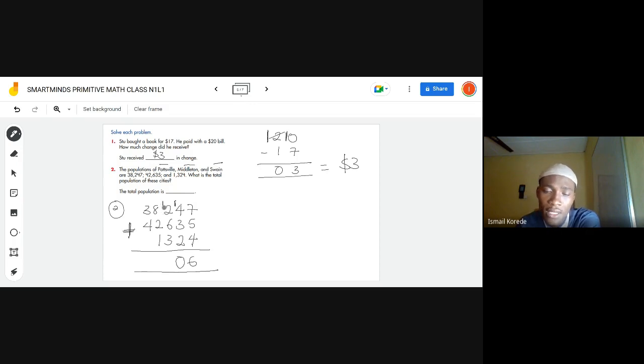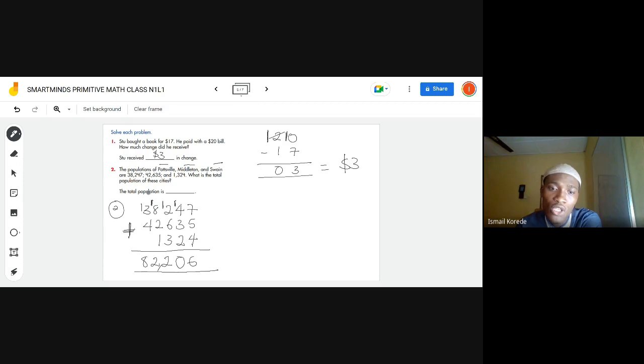2 plus 1 is 3. 3 plus 6 is 9. 9 plus 3 is 12. So we write the units also and carry the tens to the next digit. 8 plus 1 is 9. 9 plus 2 is 11. 11 plus 1 is 12. We write 2 and carry 1 again. Then 3 plus 1 is 4. 4 plus 4 is 8.